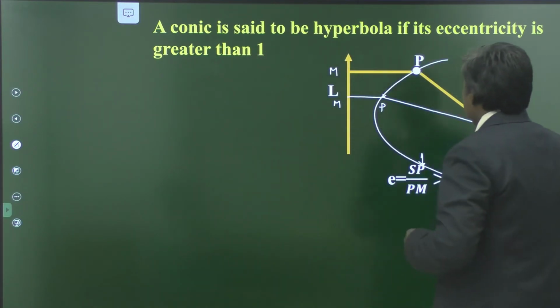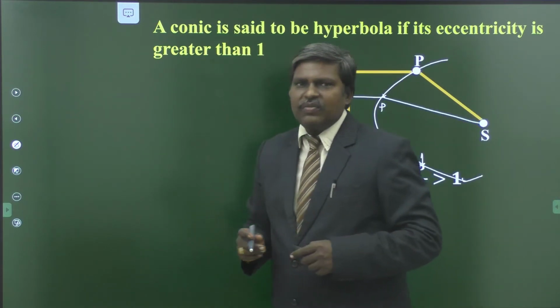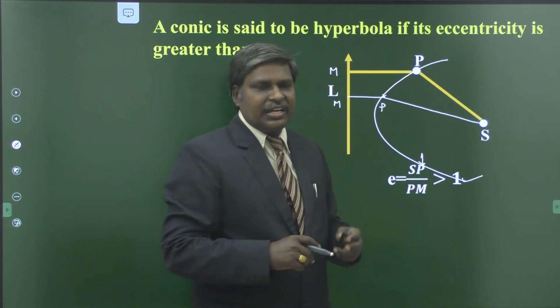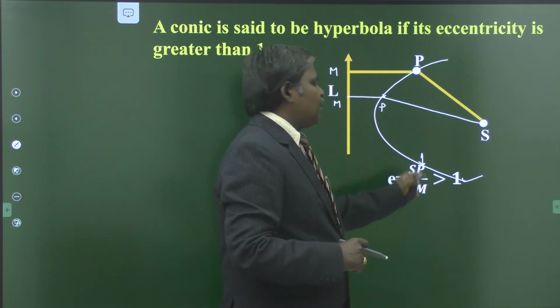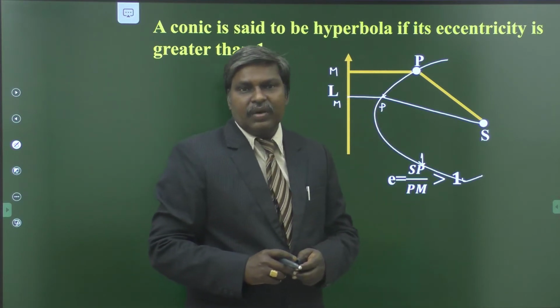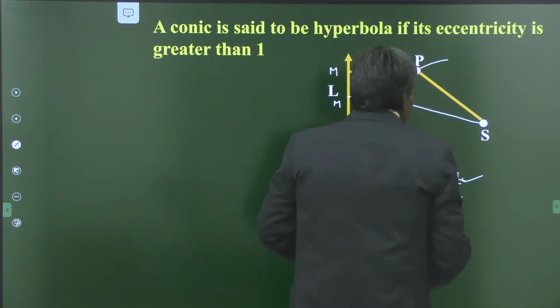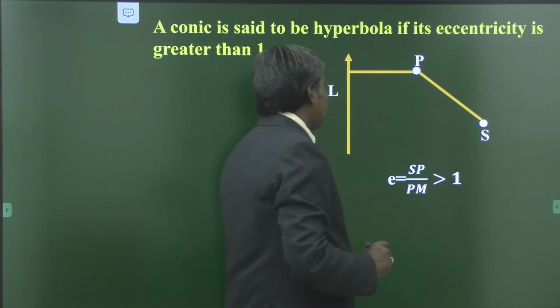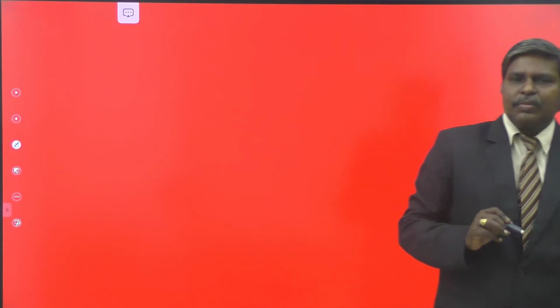Therefore, the locus of a point which moves in the plane so that its distance from a fixed point bears a constant ratio to its distance from a fixed line, that is SP by PM, if it is more than 1, then we say that the conic is called what? Hyperbola. So we have SP by PM greater than 1. That is the definition of the hyperbola.